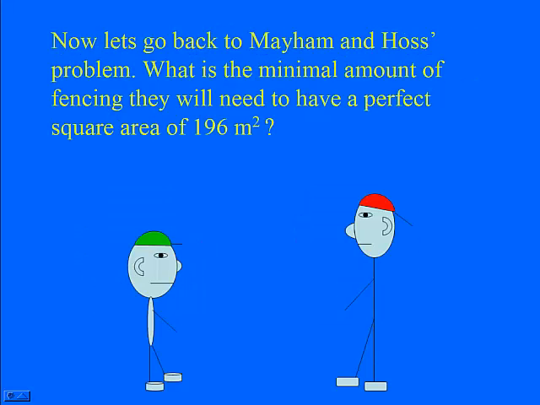Now, let's go back to our problem involving Mayhem and Haas. What is the minimal amount of fencing they will need to have a perfect square area of 196 meters squared? When solving this problem, Haas and Mayhem will give us some helpful reminders.